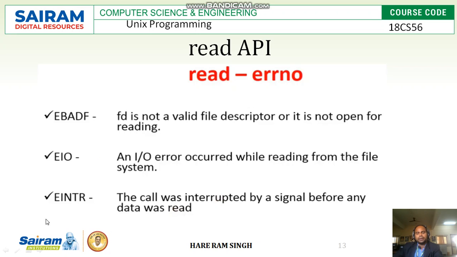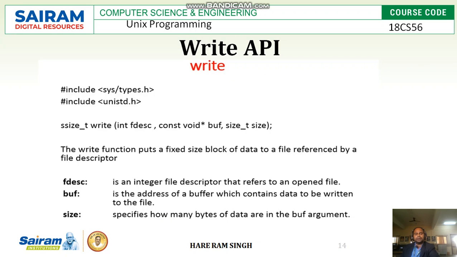Then EIO, an input output error occurred while reading from the file system. And EINTR, the call was interrupted by a signal before any data was read. So these are the different errors that can occur in the Read API.